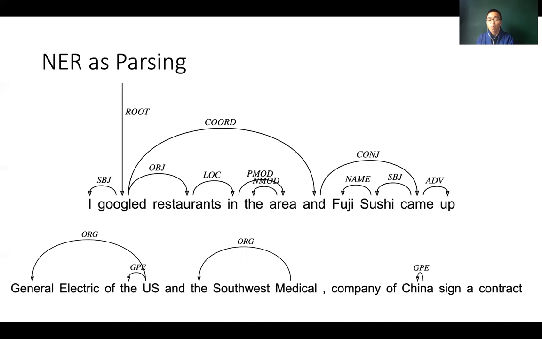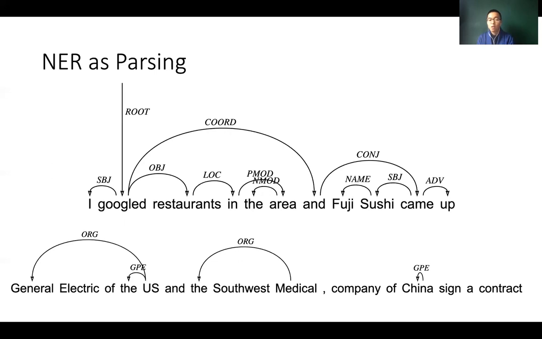We're not trying to find the head for each individual word, but instead we're trying to find the start indices and end indices. Given General, we're trying to find the end of the mention, which here is US, but we have a few differences compared with traditional dependency parsing.